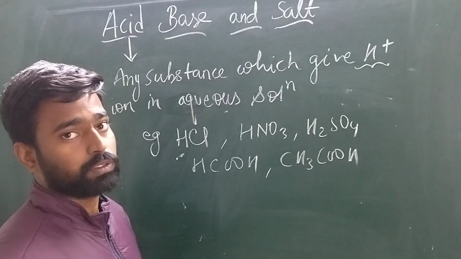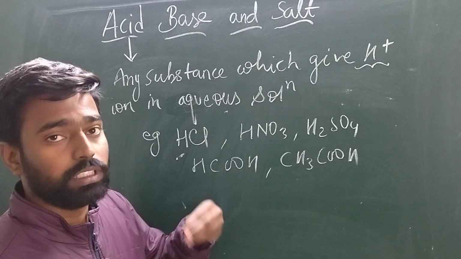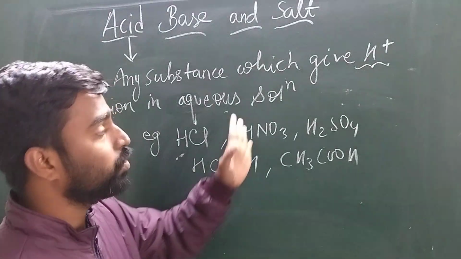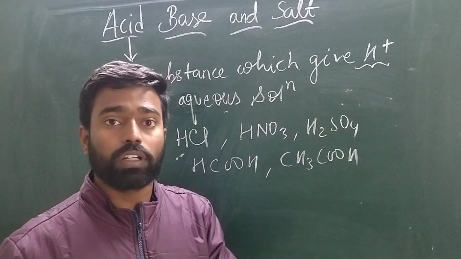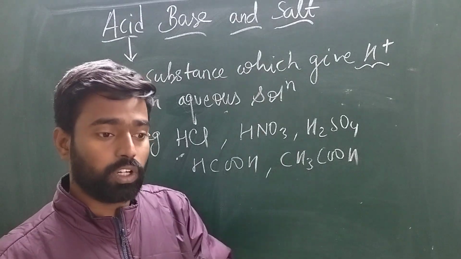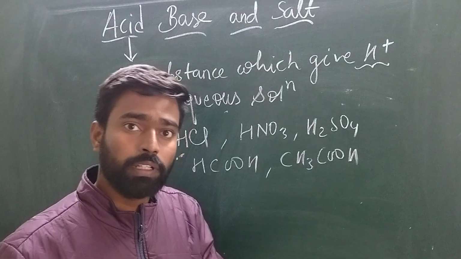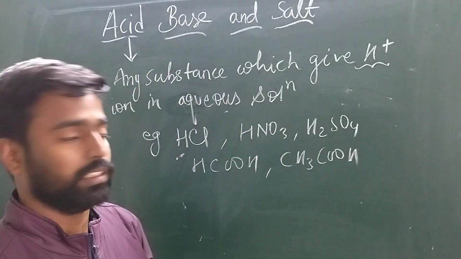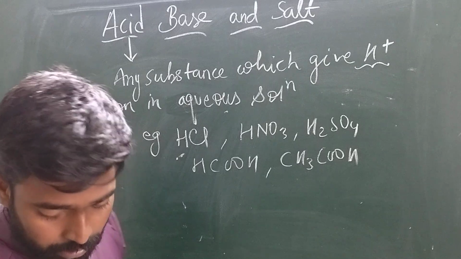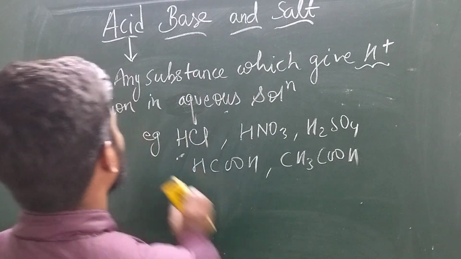If they are not dissolved, they are not acid because they do not furnish H plus ion. Until they dissolve, they are not any acid. When they dissolve, they are categorized as acid. Simple. Acid is the substance which gives H plus ion.